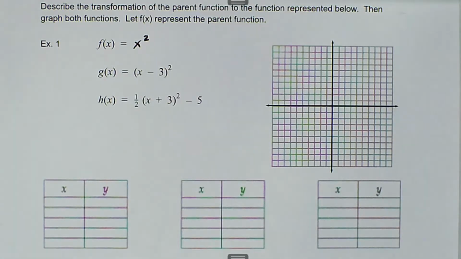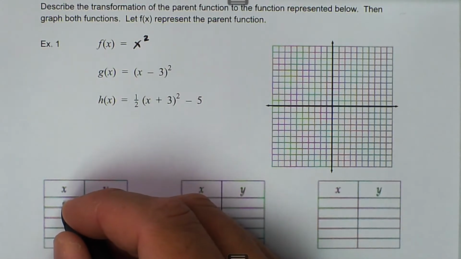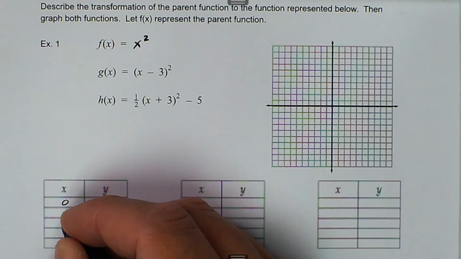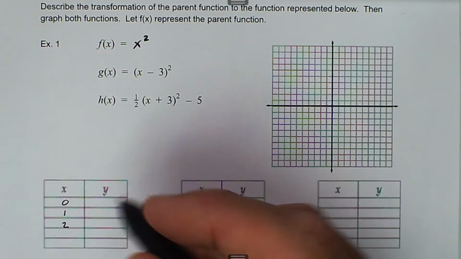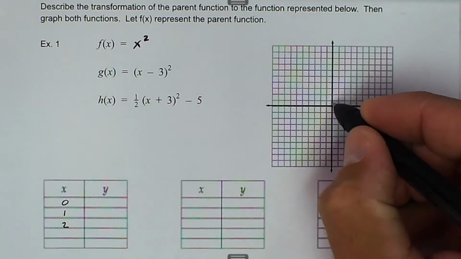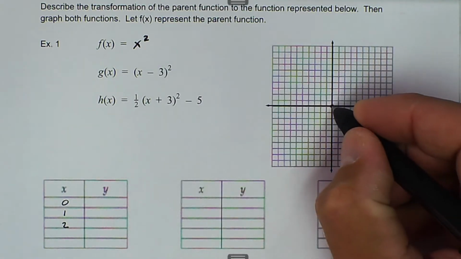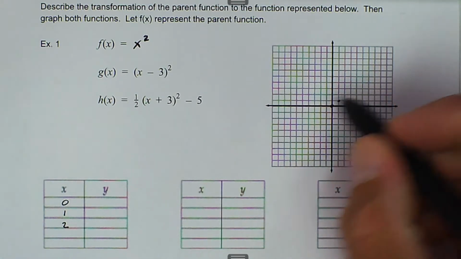So we can substitute points in and make sure that we have a good graph. So our vertex, we always want to start with 0, 1, and 2. So 0 squared is 0, so we get the ordered pair 0, 0. 1 squared is 1, so I go over 1, up 1.